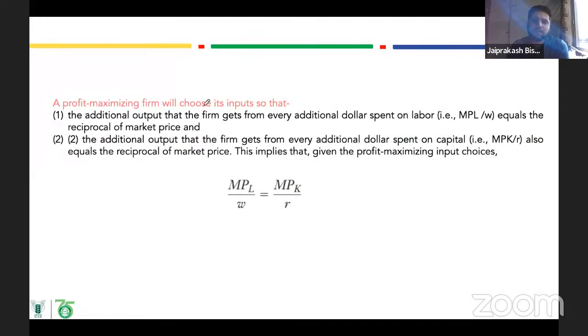A profit maximizing firm will choose its inputs so that the additional output the firm gets from every additional dollar spent on labor is equal to the reciprocal of the market price of labor. And the additional output the firm gets for every additional dollar spent on capital is also equal to the reciprocal of the market price of capital. So this is the same thing which is stated here.